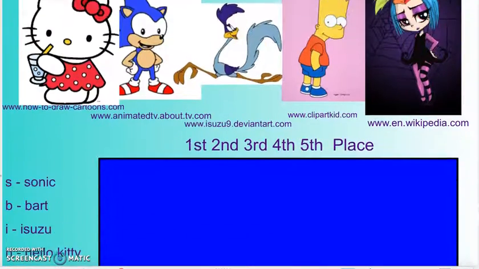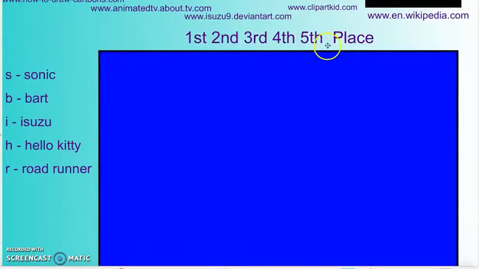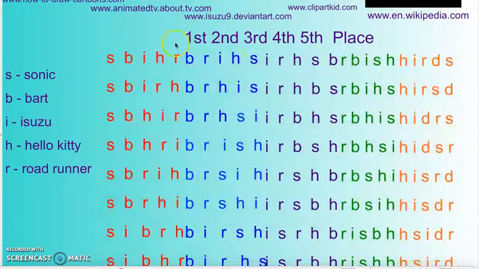Well, here is how I started. First of all, I started off with a color for each character. The first character, I started off with S for Sonic, and so I put Sonic first in red. And then I basically started mixing up all the other characters.